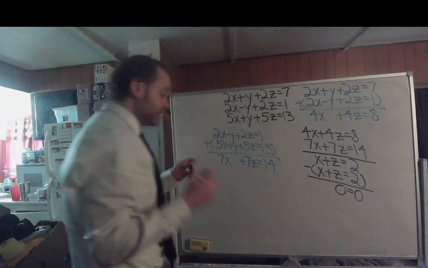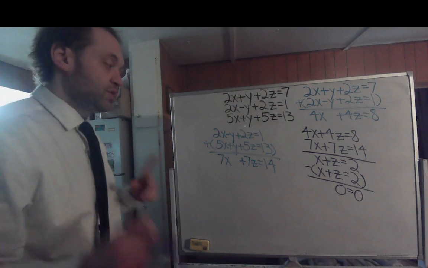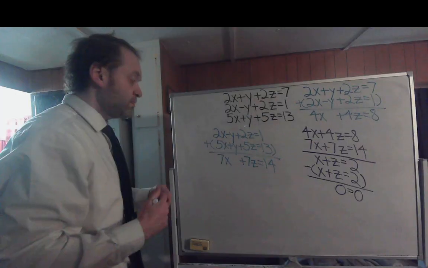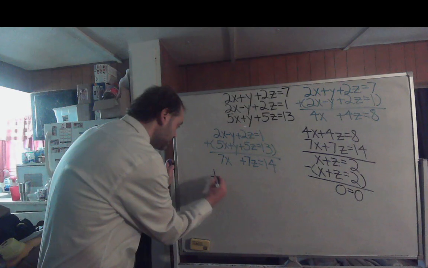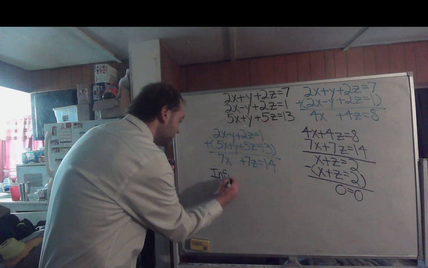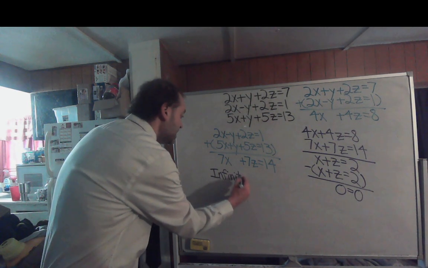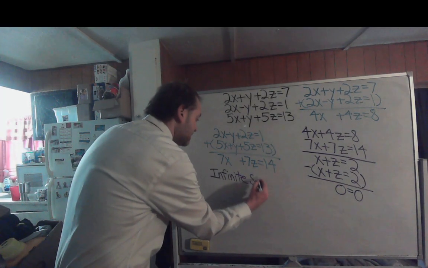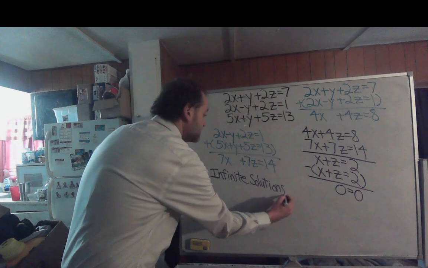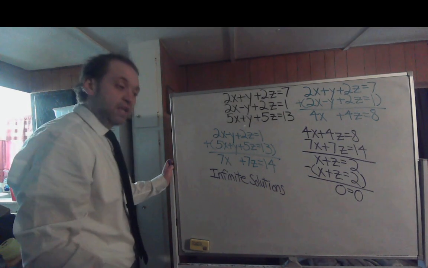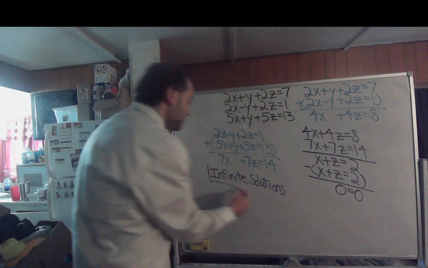So remember what that means from the two equations. That means you have infinitely many solutions. There are infinite solutions. And sometimes you'll have that because these planes, two or more of them, could overlap significantly. So there are infinite solutions.